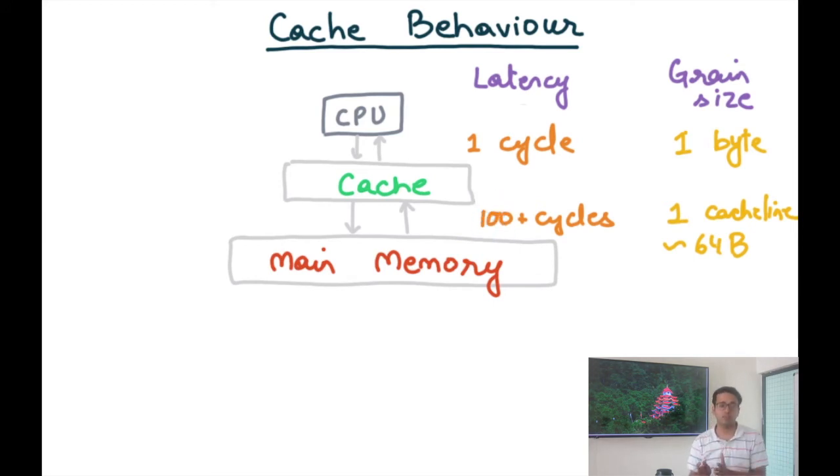If it's between L3 and main memory, the factor may be anywhere between 10 and 100. But in the worst case, it can be 100 or 100 plus. And the grain size here is a cache line. All right, so it's not a single byte. If I want to get something from the main memory into the cache, the smallest grain that I can get in one go is basically one cache line, which is typically, let's say, 64 bytes.